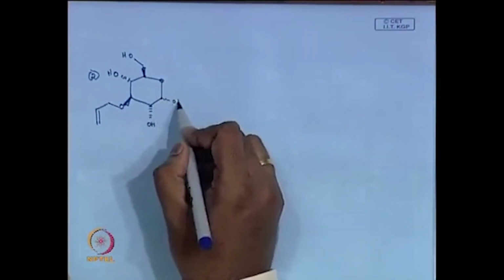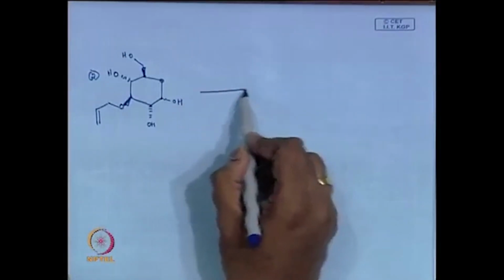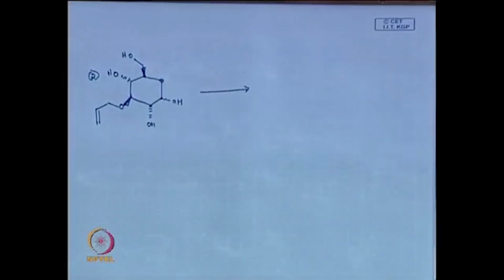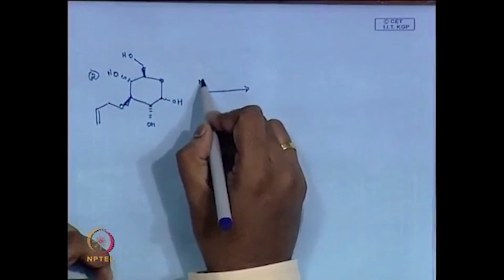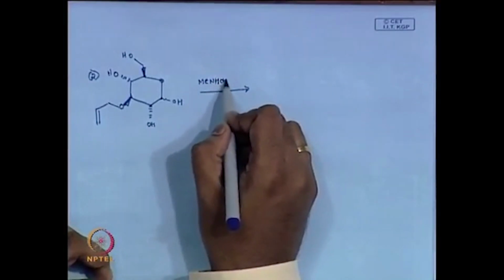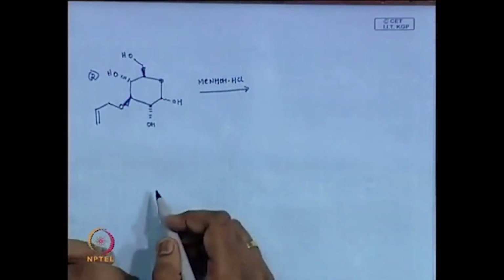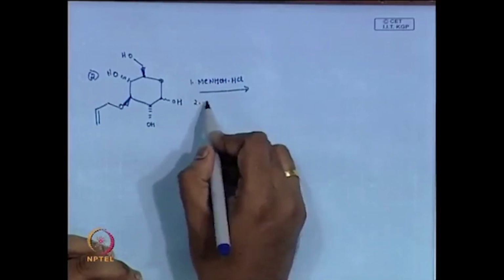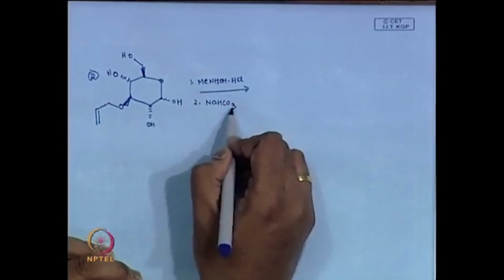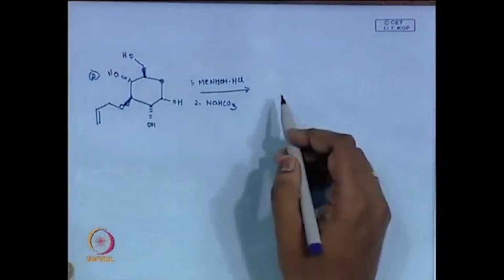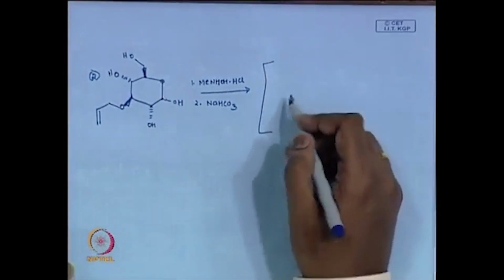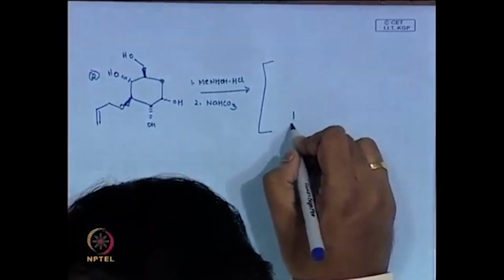If you say this is my OH, this is not the real substrate for your Diels-Alder reaction, because there is no dipolarophile or there is no 1,3 dipole. But if I treat it with hydroxylamine, sodium bicarbonate, now you will get a very nice intermediate.